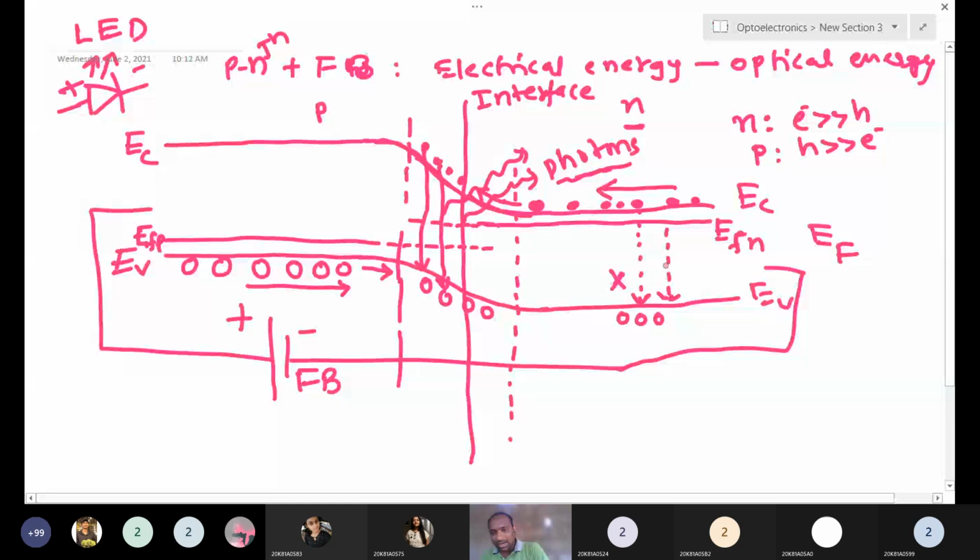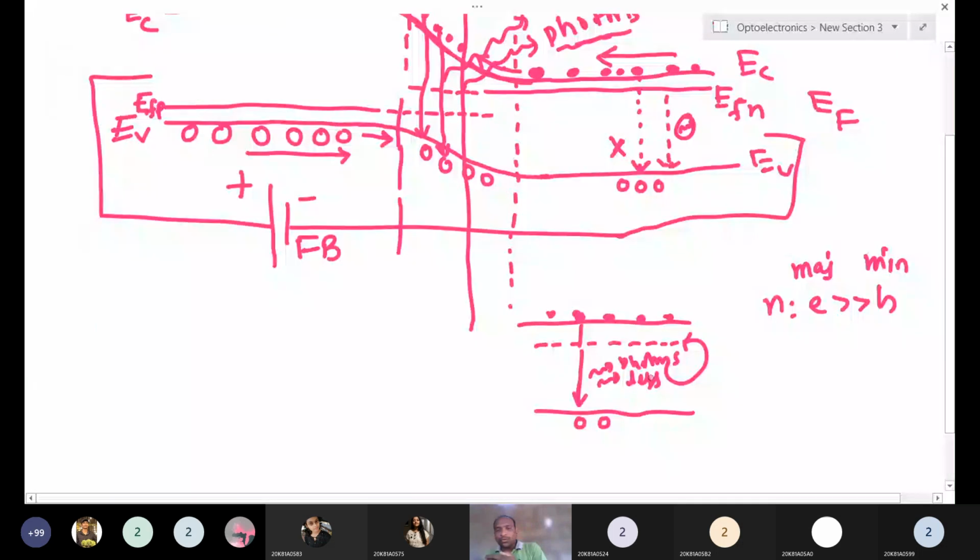That's why the photons emitted due to recombination in the neutral region or bulk region are absorbed again in that material. Their number is very small, and even this small number is absorbed in the same material, so these photons do not come out of the surface.